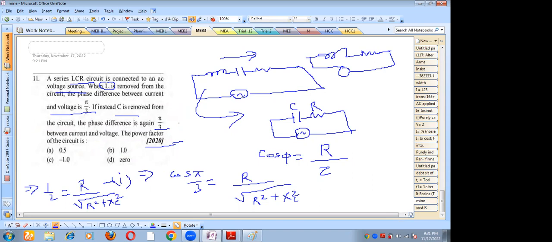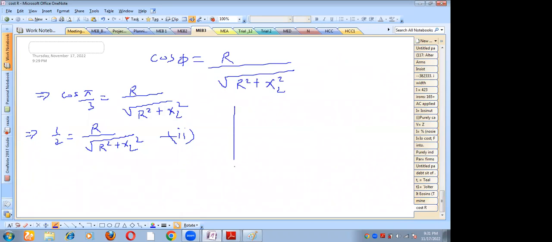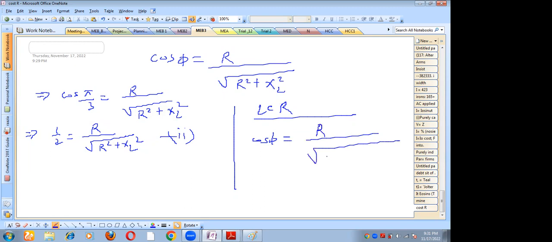And we know the power factor of the LCR circuit, cos phi, is R by Z, meaning R by root of R square plus XL minus XC whole square. This is the power factor.